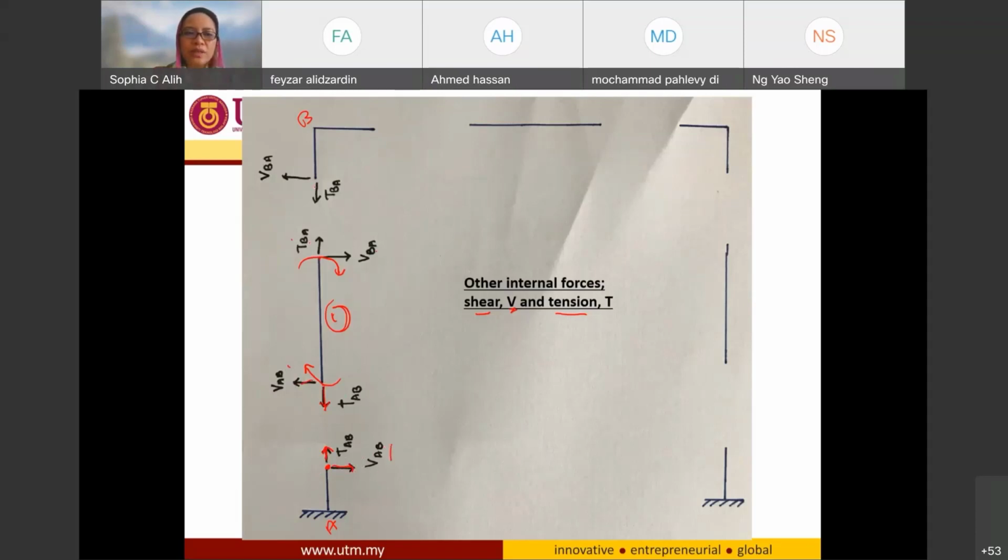Similarly, if I have TBA over here, in the opposite direction I will have TBA, and if I have this direction, then I need to balance it with another direction over here with the same amount. So from one element, after I calculate the end moments, I can determine these internal forces, and using these internal forces, I bring it to the other end and balance it.